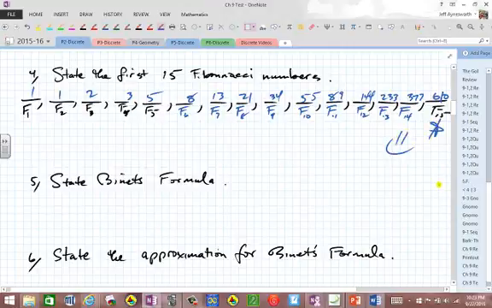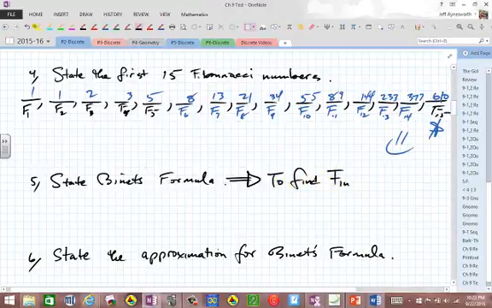All right, state Binet's formula. Define F sub n, the nth Fibonacci number.